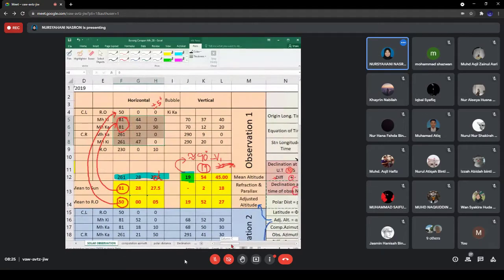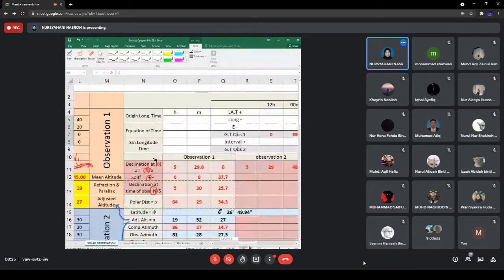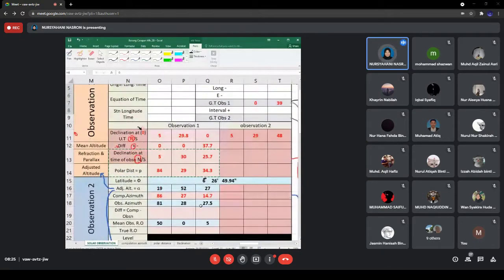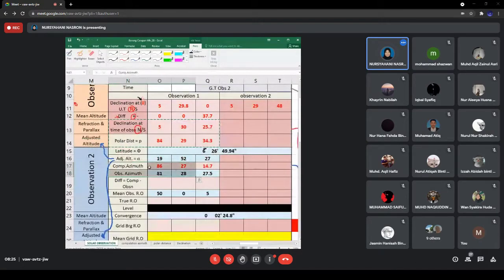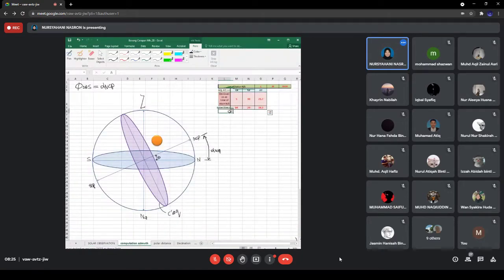So the computed observation azimuth we get from the mean to sun. Then we can locate the position of the celestial body based on these parameters.